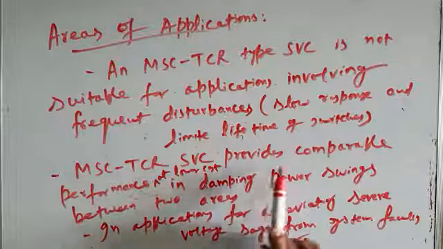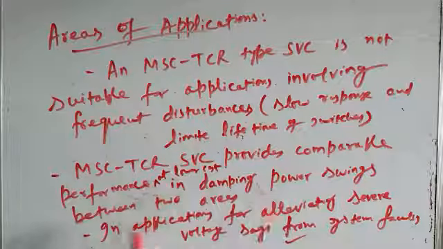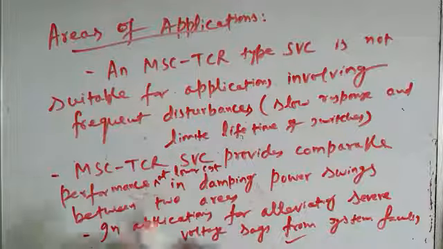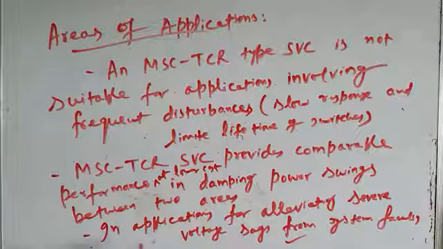So its areas of application are like this. Number one, it provides comparable performance at a lower cost in damping power swings between two areas because it does not involve fast switching operation. And it is also used for alleviating severe voltage drops from system faults because these faults occur once in a while, they don't occur frequently.